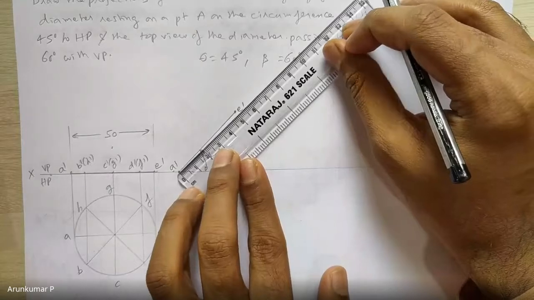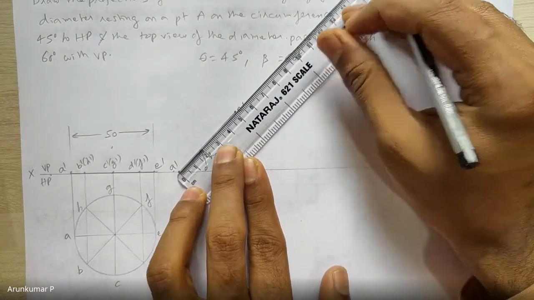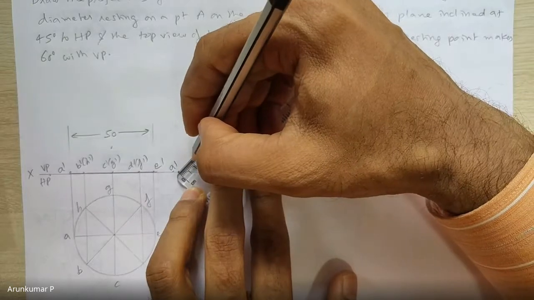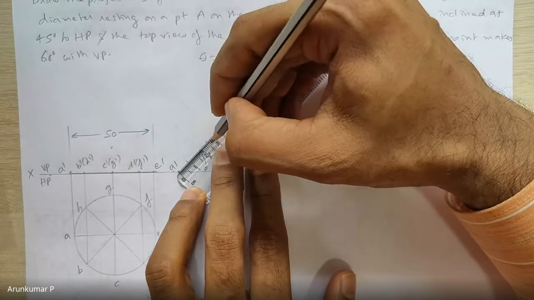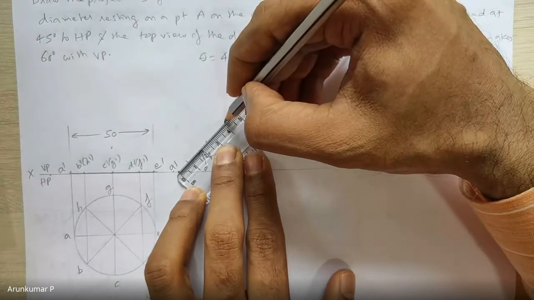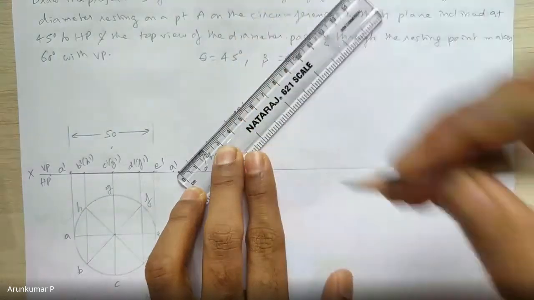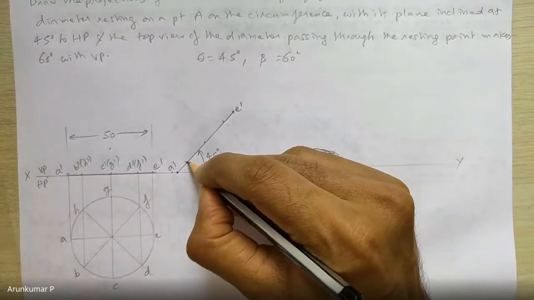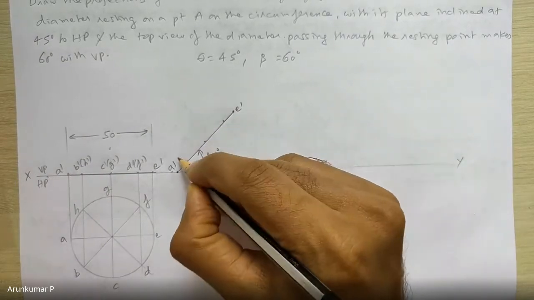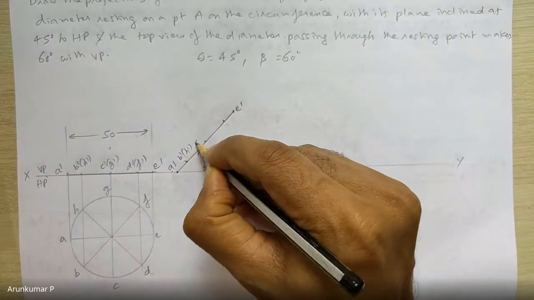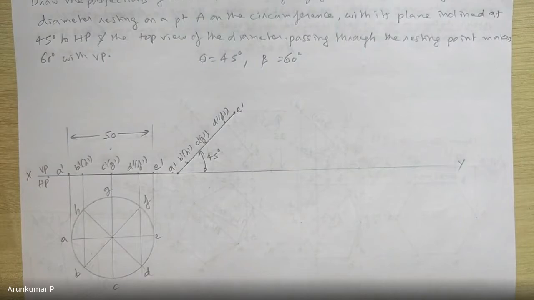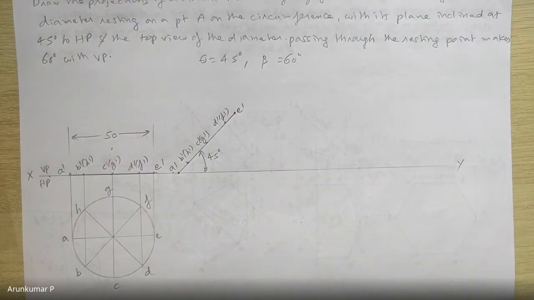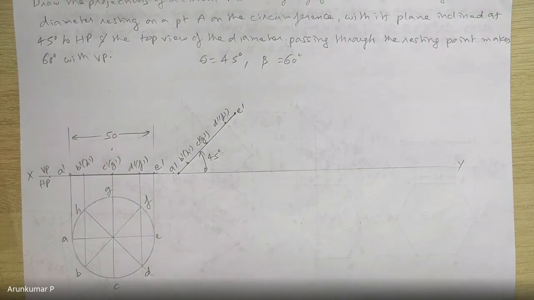So 8 mm, then 25 mm, then 41, roughly 42. So these points you have to mark: B dash, H dash, C dash, G dash, D dash, F dash. Either use a rounder or use a scale, but see that you locate these 6 points.